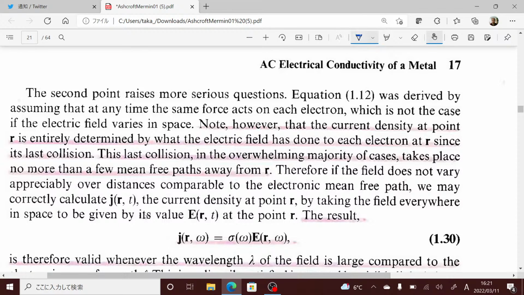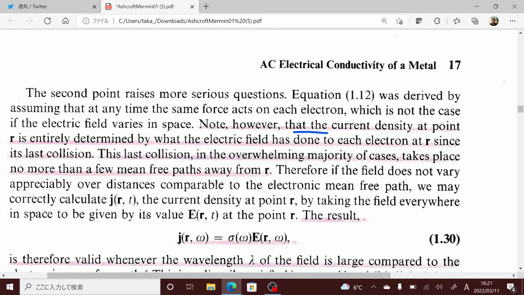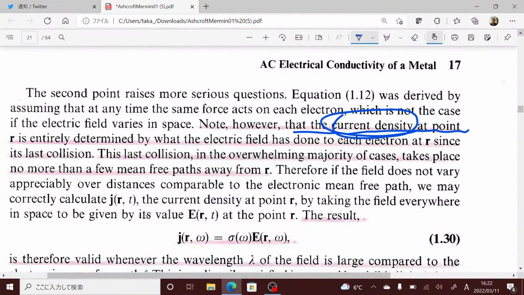I don't understand this. The current density, okay, this is not electronic density, this current density at point r is entirely determined by what the electric field has done to each electron at r since its last collision.